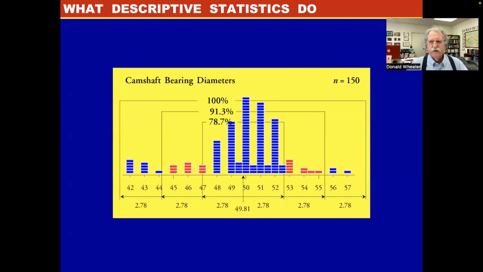Camshaft bearing diameter data, 150 data. Average is 40, basically 50. Standard deviation is 2.8. We go 1, 2, 3 standard deviations. We get 79%, 91%, and 100% within the 3 different intervals.